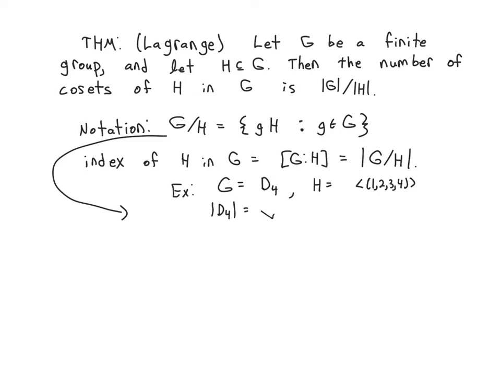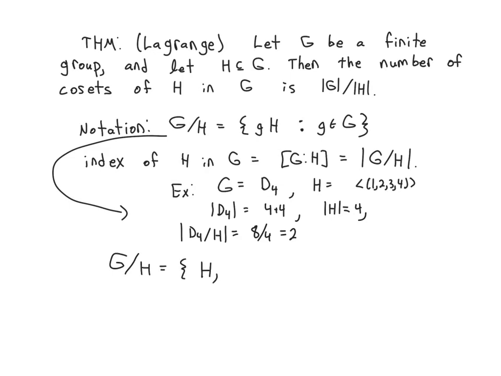Well, there were 4 reflections, plus 4 rotations. And how many rotations were there? Well, there were 4. And so how many cosets are there going to be? Two cosets.